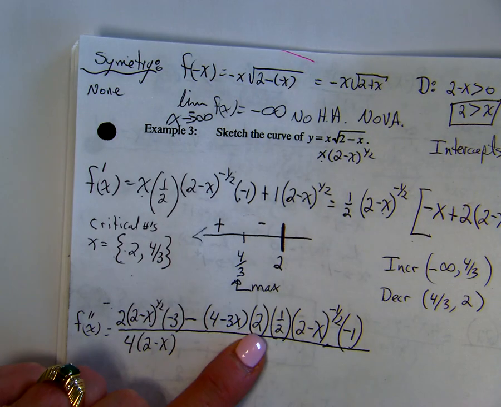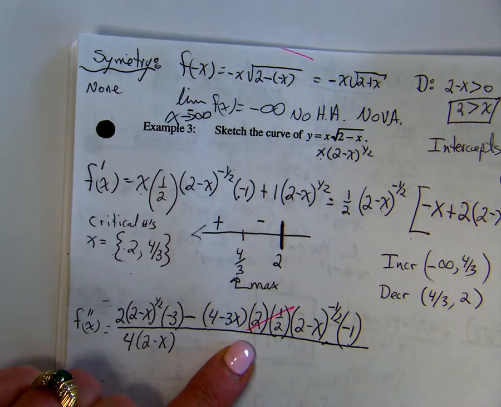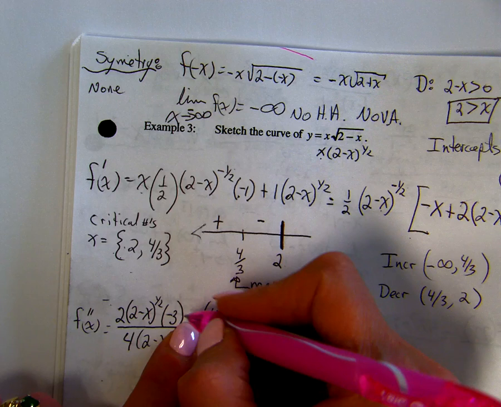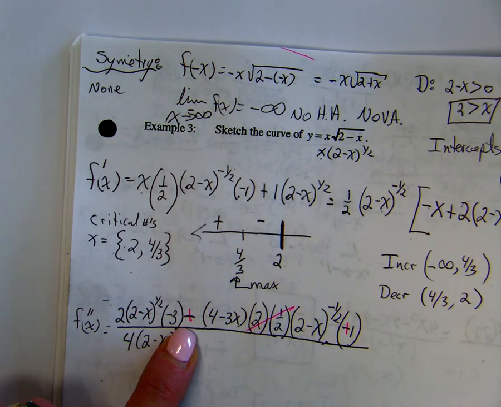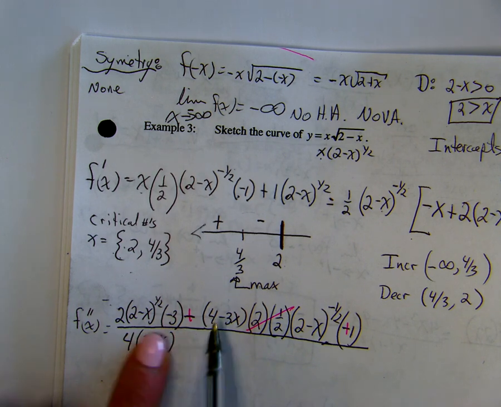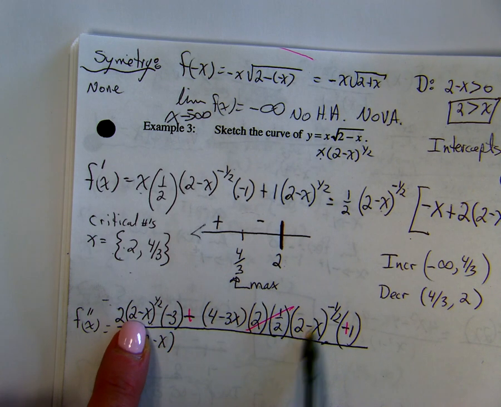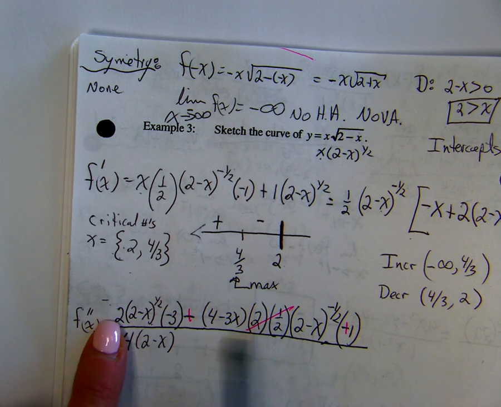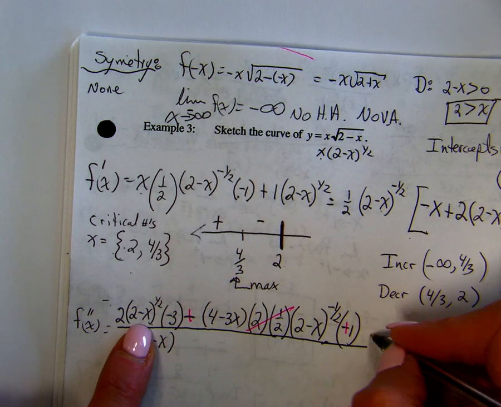Okay, so here's some easy things to simplify. 2 times 1/2 is going to give us 1. And this negative times this negative is going to turn those into positives. This might make this a little bit easier. And so what are my common factors? I've got a 2 minus x to the -1/2, and it looks like that's it.